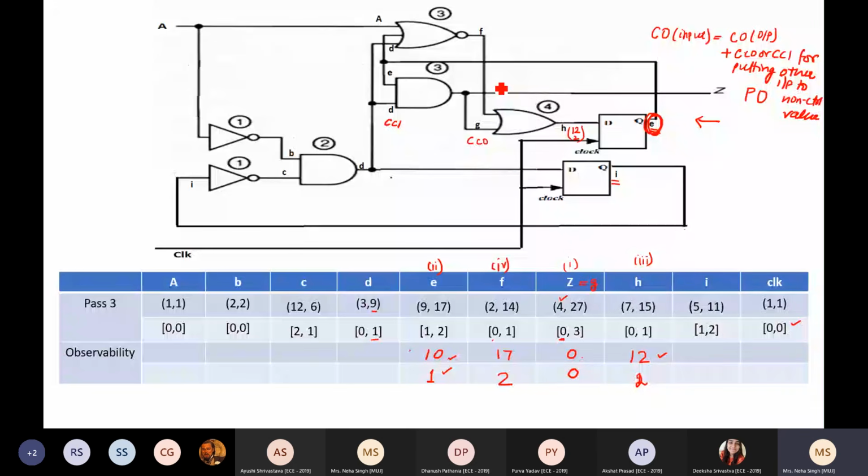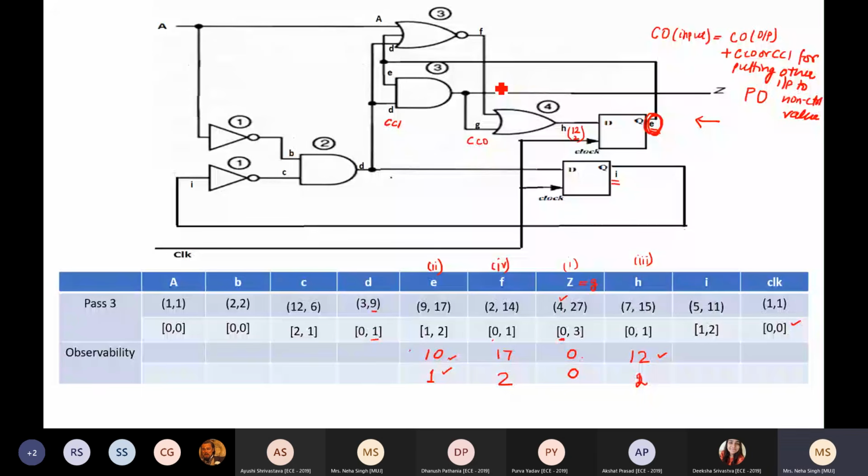Now that I have observability at the output of the NOR gate, I can find the observability for these inputs. Inputs are D, E, and A. E I have already calculated. D we should calculate, followed by A. So let us calculate D as the fifth variable. It is a NOR gate, so its non-controlling value is 0. So I should take CC0 of the other inputs, that is CC0 of E, CC0 of A, plus CO of output, that is 17.